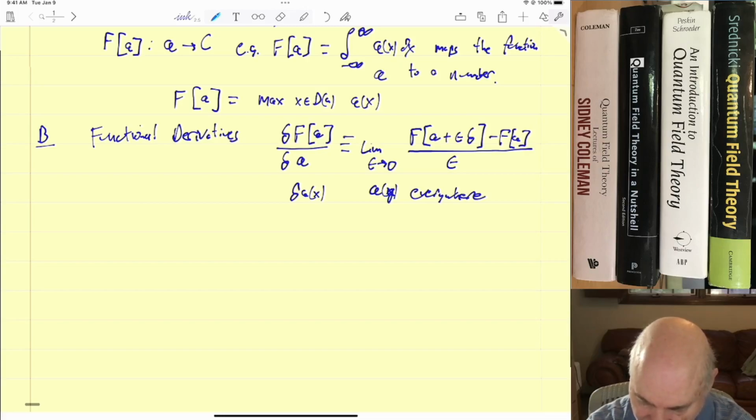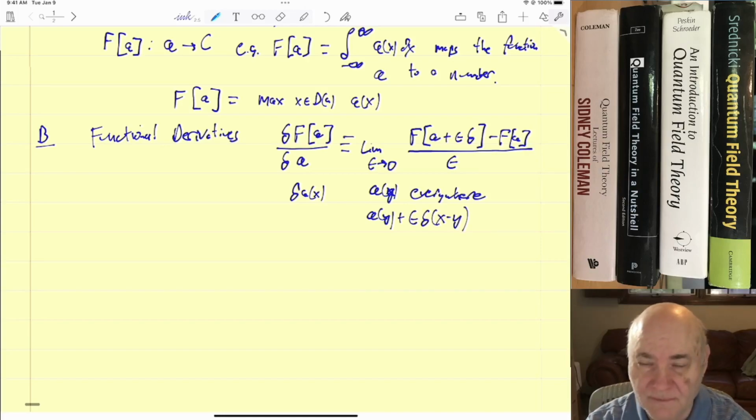And then at the point x, you would have a of y plus epsilon delta of x minus y. That would be how you change the function a little bit. And then you apply that derivative.